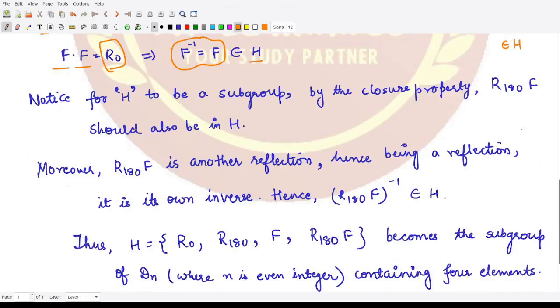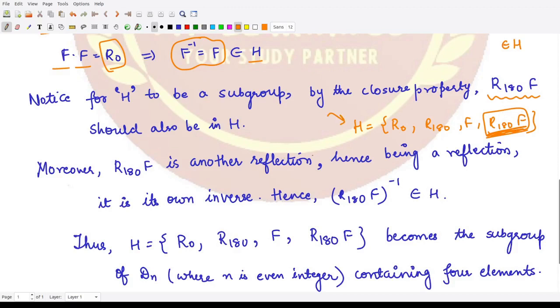So we add this to H. Our H now becomes R0, R180, f and R180f. Now let's check whether the inverse of this element is also present within H or not. If yes, then this forms a subgroup, otherwise not.